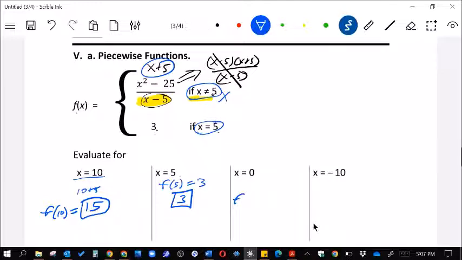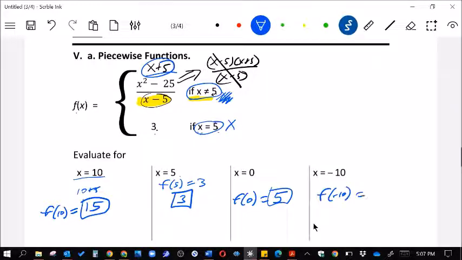Now when I put 0 in, the function at 0, 0 doesn't fit this one because it's not equal to 5. However, 0 does not equal 5, so I would use this. So 0 plus 5 is 5. And when I put negative 10 here, I'll do the same thing.